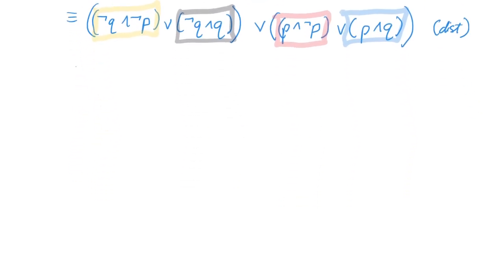But okay, so where do we go from here? Well, I noticed that there is this negation Q, conjunction Q part, and that seems like a good candidate for the negation law that says that if you take a formula and its negation and you form their conjunction, that is equivalent to just the false symbol. And then I do it again in the next term.